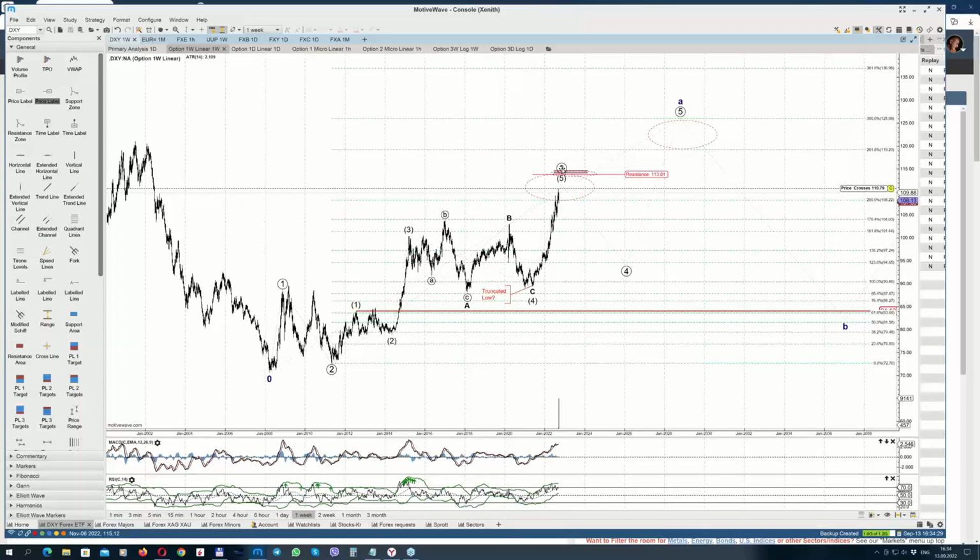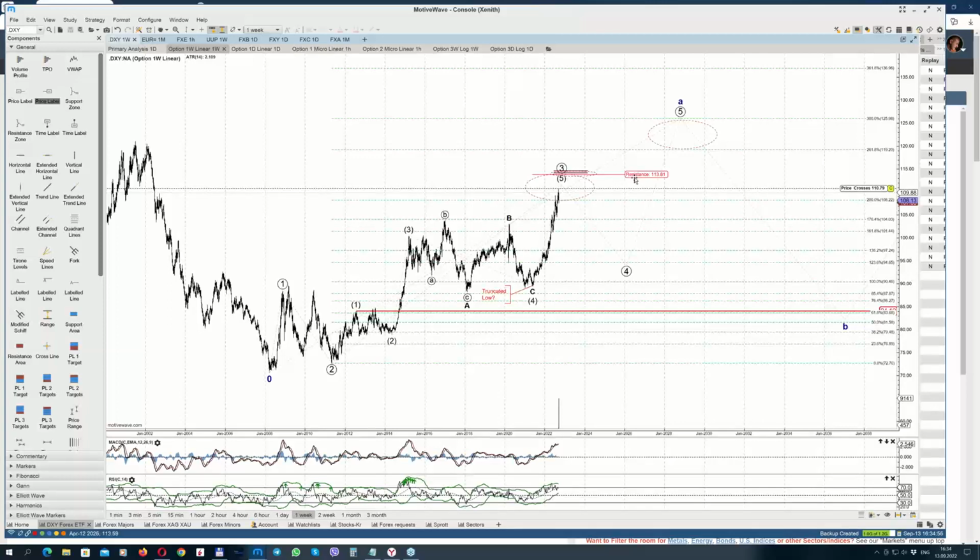I was expecting that the rally will turn down approximately in this region. However, we're seeing this resistance region taken out relatively deep into possible target zone. Therefore, I had to elaborate possible alternatives, and I'm going to present some of them today.